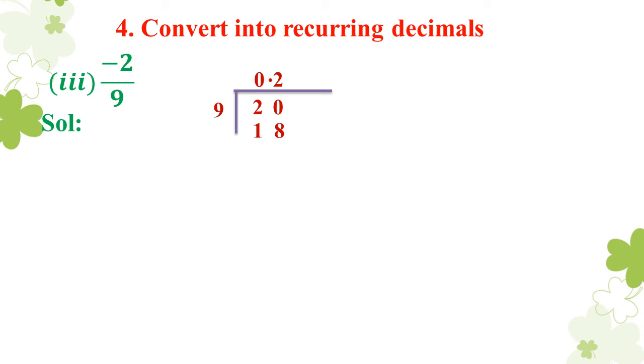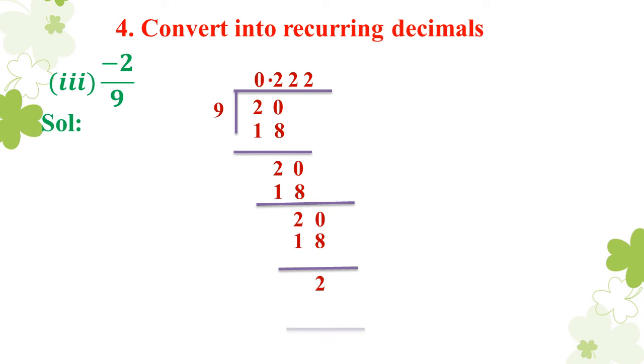Now 2 9s are 18. 20 minus 18, 2. Here put 0. 2 9s are 18. 20 minus 18, 2. Again add 0. 2 9s are 18. 20 minus 18, 2. We get the remainder 2. So this division would go on like this.